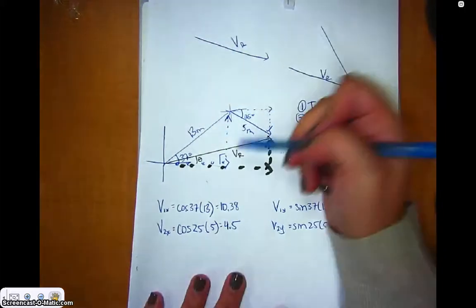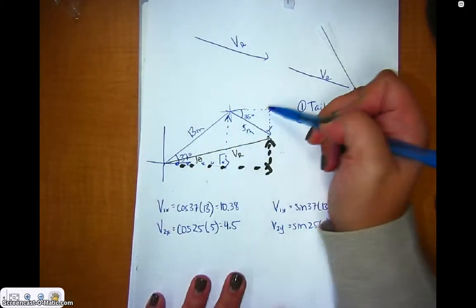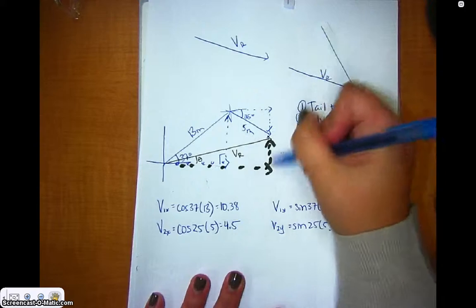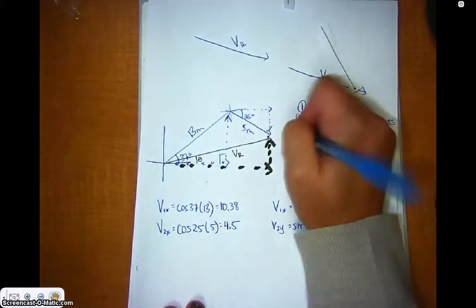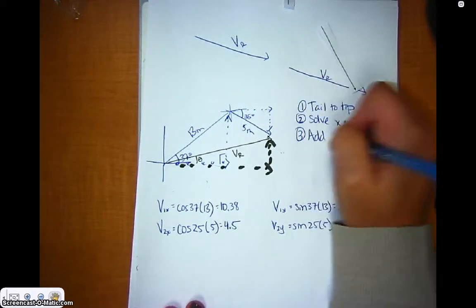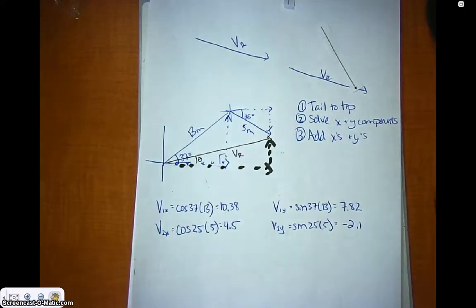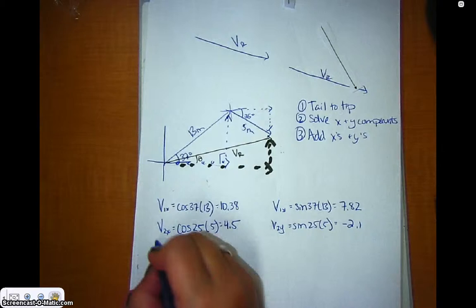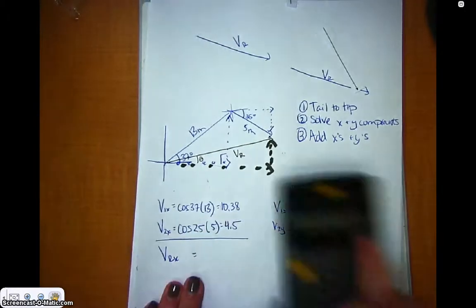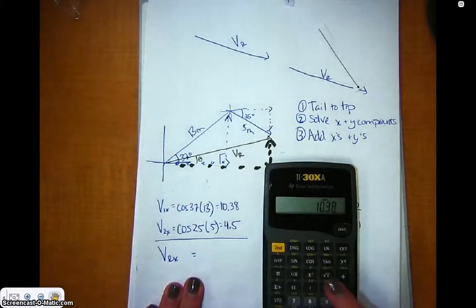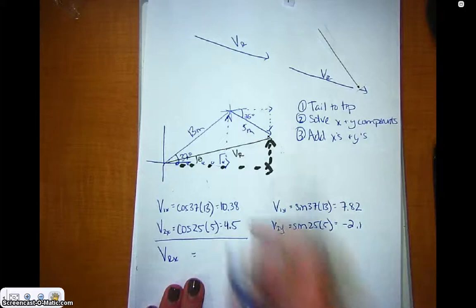Whereas if I were to do the y, I would take this one and minus this one, and it would give me this. So the third step is to add all of the x's and y's, and that will give me my resultant x and my resultant y. So my vector resultant x is going to be equal to 10.38 plus 4.5, which gives me 14.88.